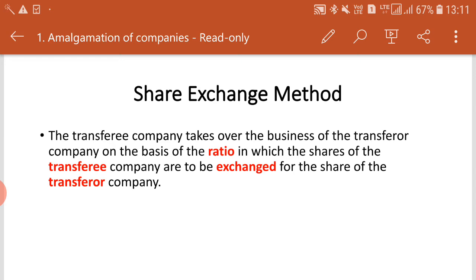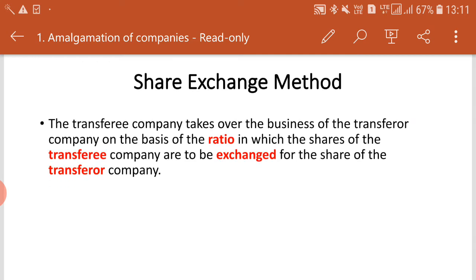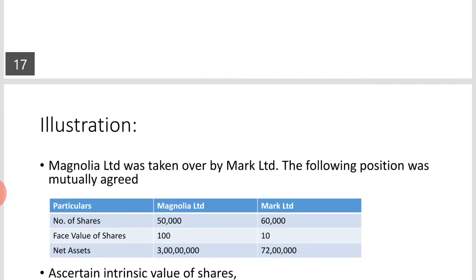Ratio in which the shares of the transferee company are to be exchanged. You better write it in your copy. Shares of the transferee company are to be exchanged for the shares of the transferor company. So who is the transferor company? Magnolia Limited, right? And the transferee company? Mark Limited. Now let us look at it.